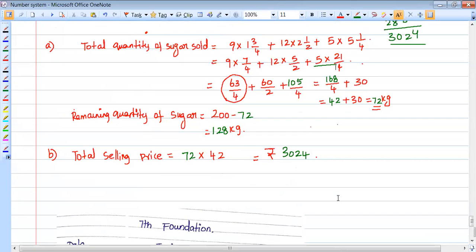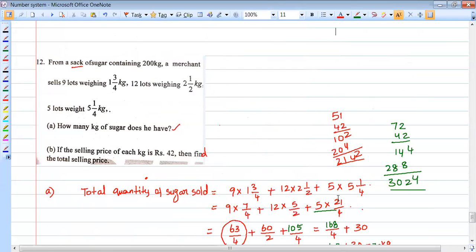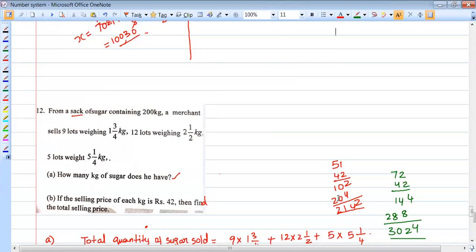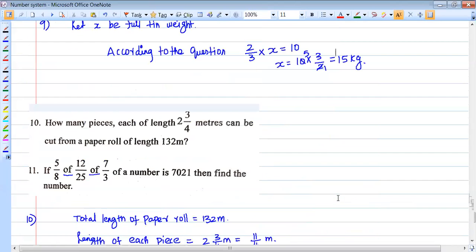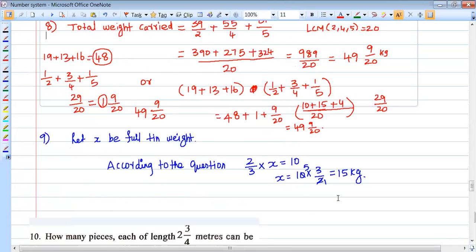Now, dear boys, one student asked me to show question number 9. Let me show that screen. Okay, so this is question number 9.